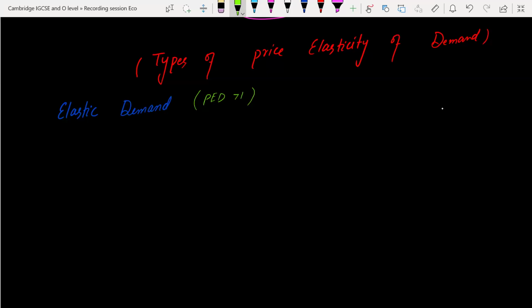When PED is greater than 1, first of all it is clear that when we apply the formula of PED and the answer is greater than 1, like 1.6 or 1.8, we will call it elastic demand. But the question is, when will it be greater than 1?